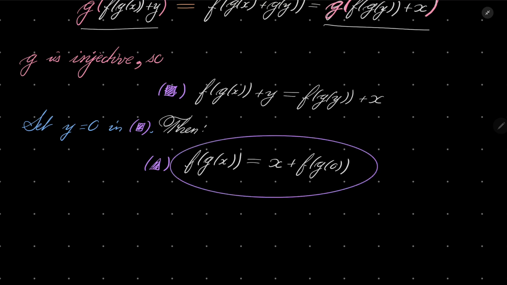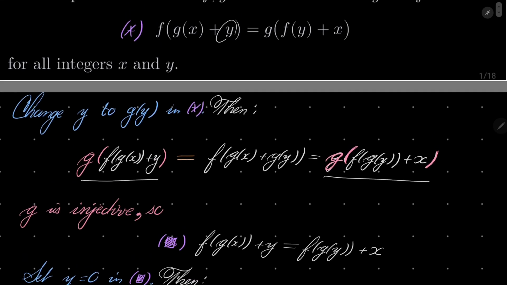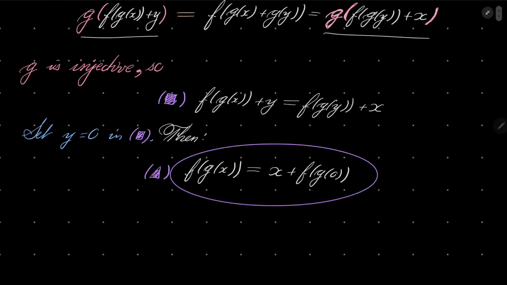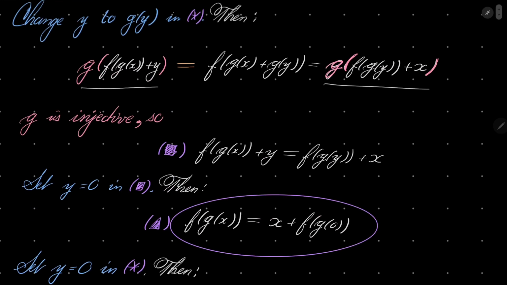Alright, and now I wish to go back to my very first functional equation and set y equals 0 in our condition asterisk. Then we have the following.